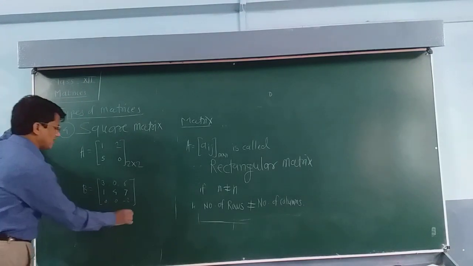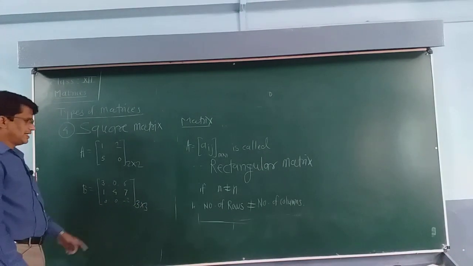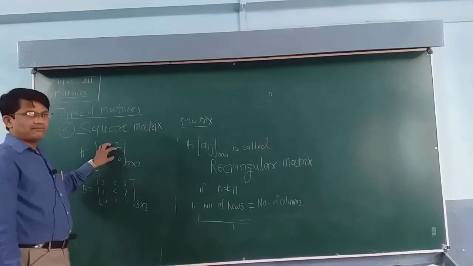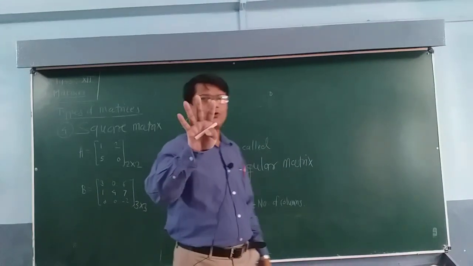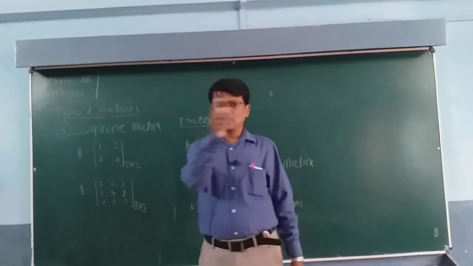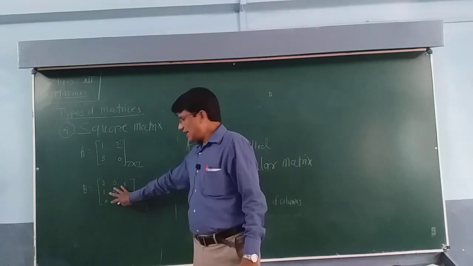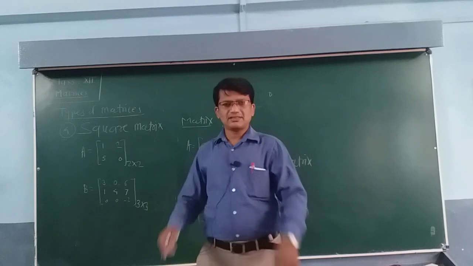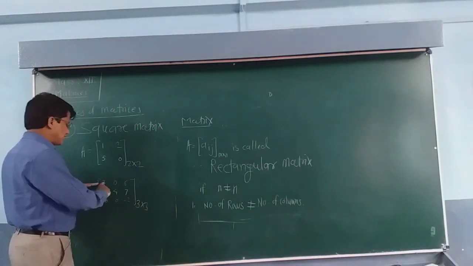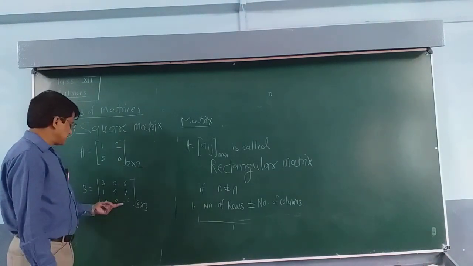How many rows are here? 3 rows and 3 columns. Okay, in this type of matrix, how many numbers? There are 4 numbers. 4 numbers are arranged in 2 rows and 2 columns. Here there are 9 numbers. 3 elements are arranged in the first row, 3 elements in the second row, 3 elements in the third row.